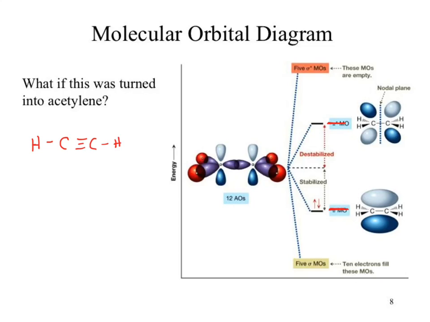What happens to my sigma bonds? I have 2 less, right? Because I don't have those extra 2 hydrogens. So I would drop down to 1, 2, 3 sigma and 3 sigma antibonding. Because I lose the bonding and anti-bonding interactions of those extra hydrogens.